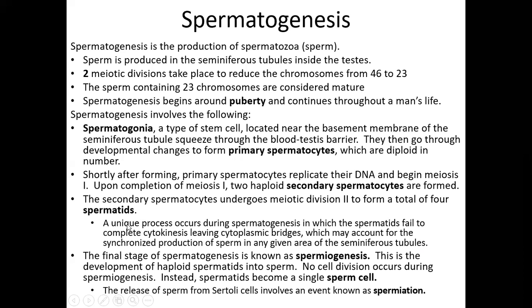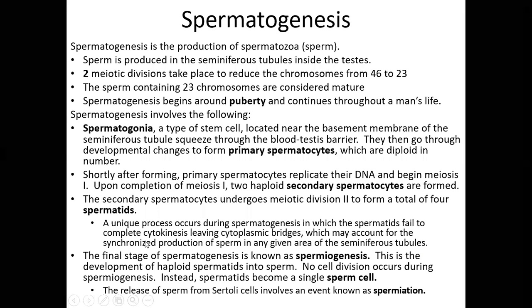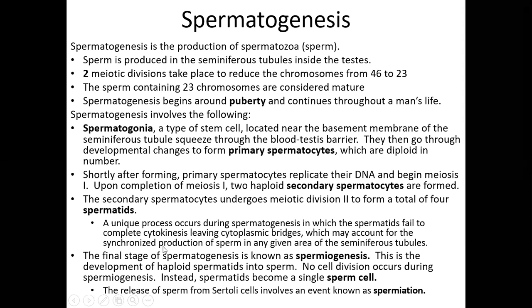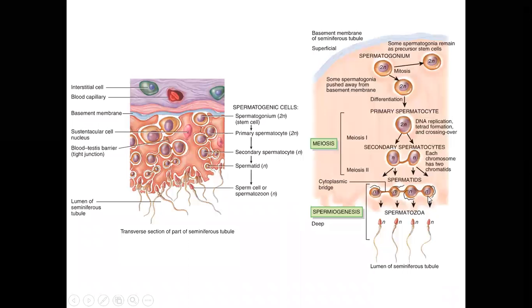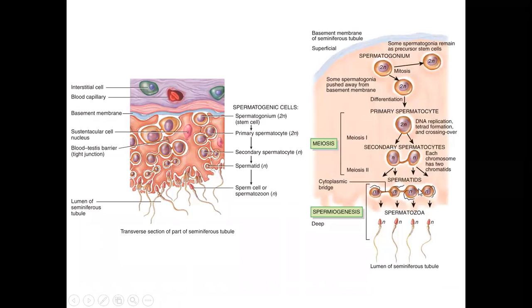The importance of these cytoplasmic bridges is to account for, at least they believe anyway, the synchronized production of sperm in any given area of the seminiferous tubules. Meaning these cells are all going to develop at the same time. So in this small segment of a seminiferous tubule, all the sperm in that area are probably going to be developing at the same time.